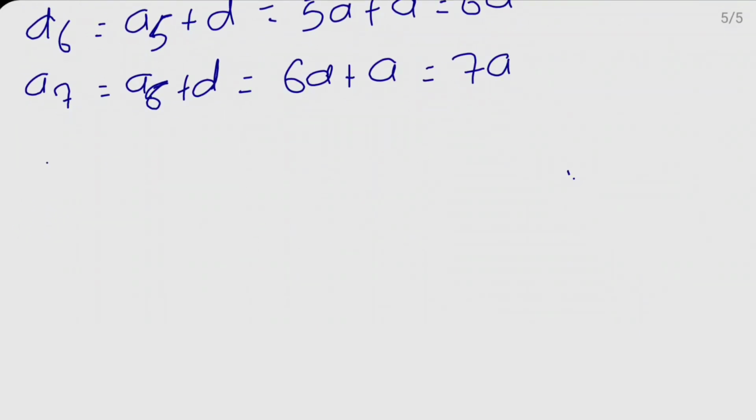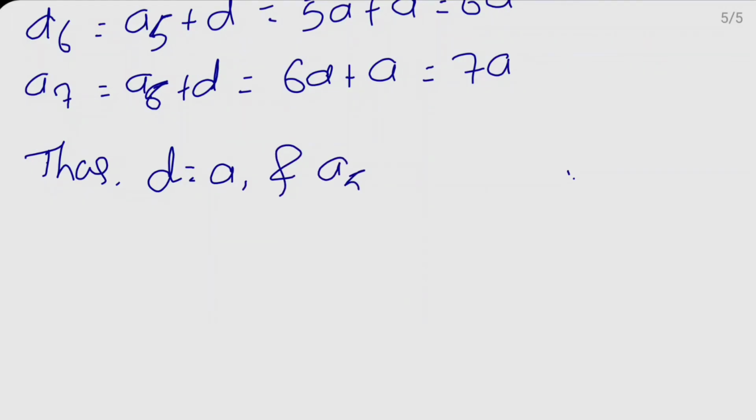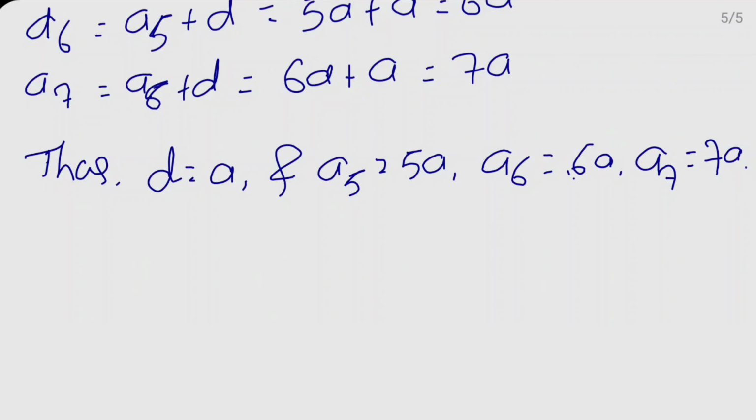So write down here: thus D is A and A5 is 5A, A6 is 6A, A7 is 7A. Is it clear?